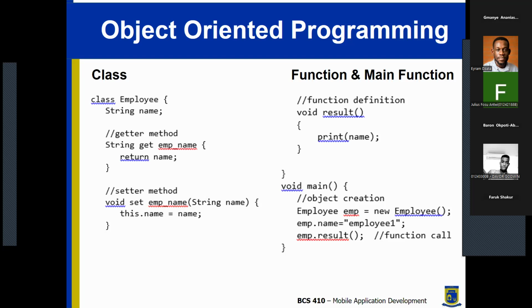If you notice in one of the slides, we said it doesn't work directly with arrays, but they use what we call collections. And this collection is made up of the lists and the maps. So the list works more like an array. I think Python also does the same.